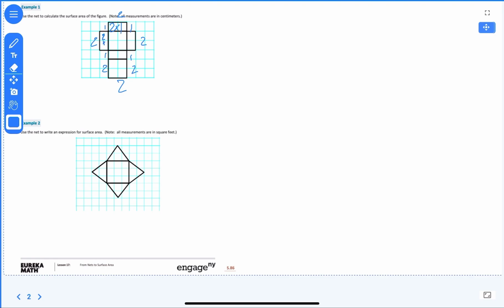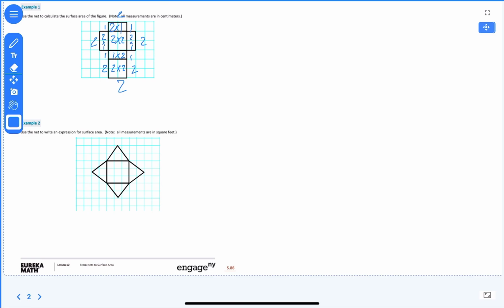This would be 2 times 1. This would be 2 times 2. This would be 2 times 1. This would be 1 times 2. And this would be 2 times 2. Now, that way you know you've calculated every portion of the box.